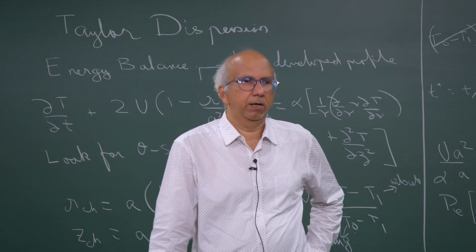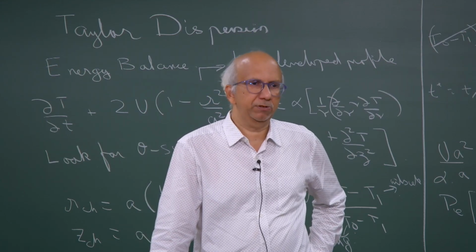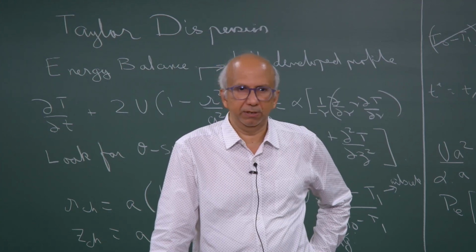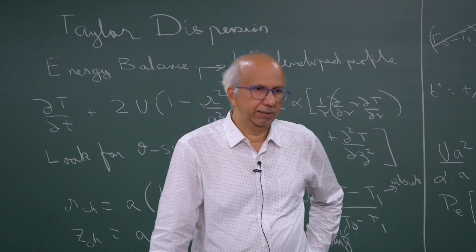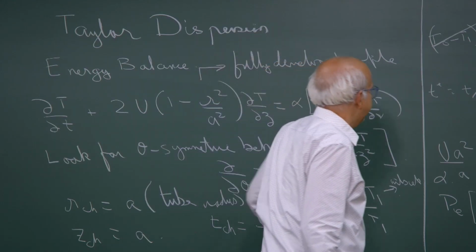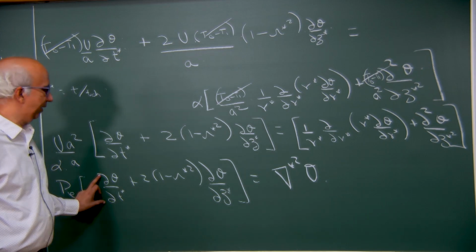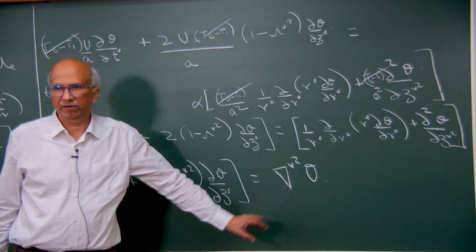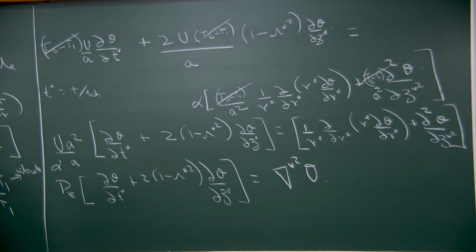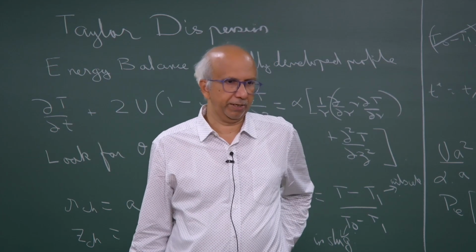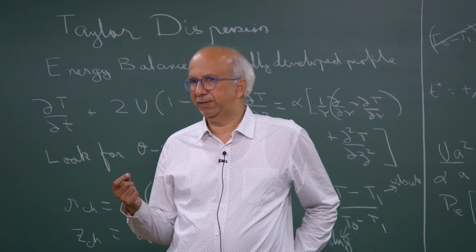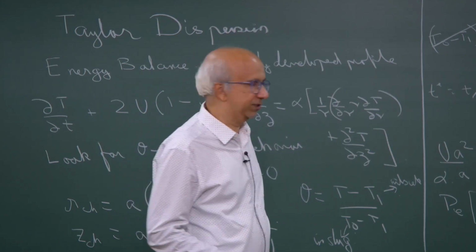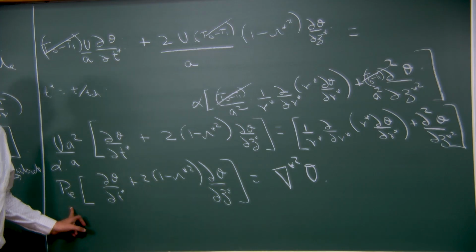So, supposing these characteristic variables that I have chosen are indeed correct, then what does it mean? It means that each of these terms, this d theta by dt, this convective term here, the second derivative conduction term, all are of the same order of magnitude. Okay. So, the only parameter which is going to decide which is significant is the Peclet number.